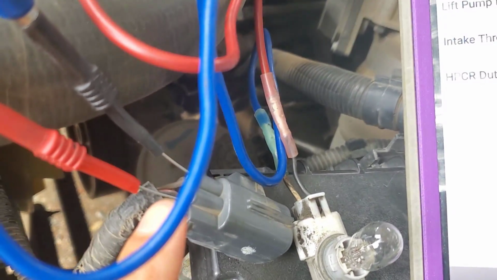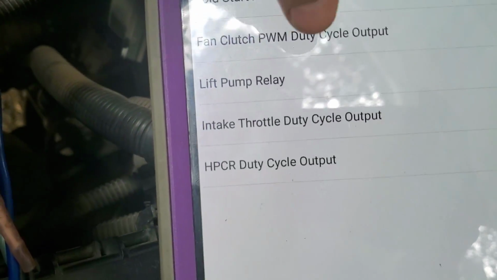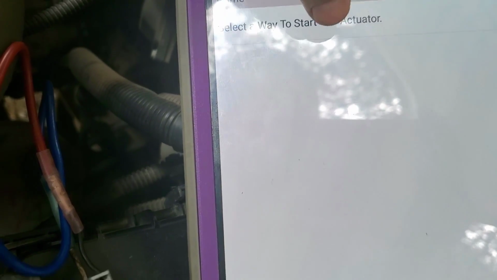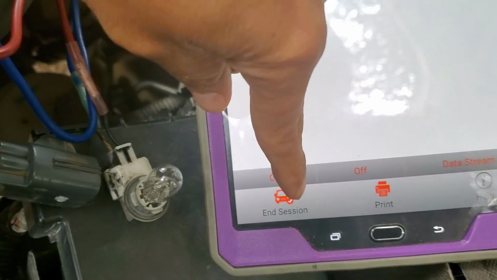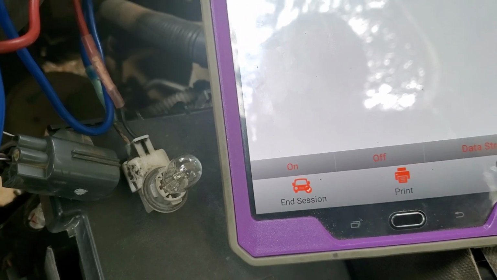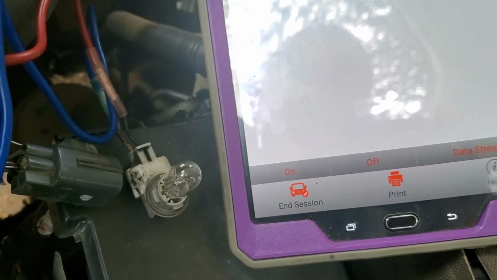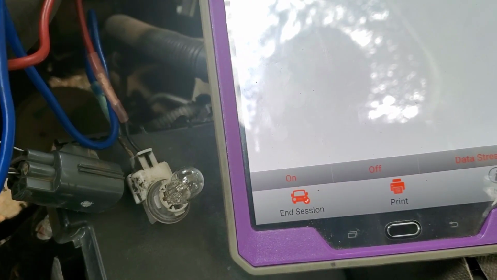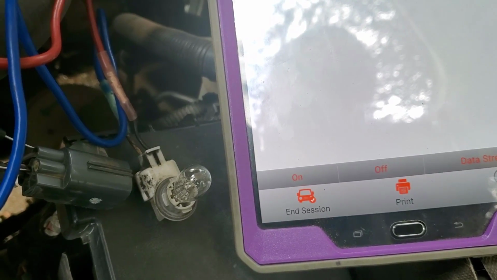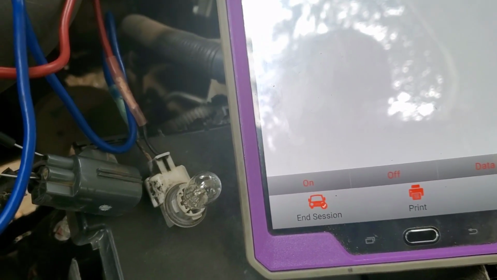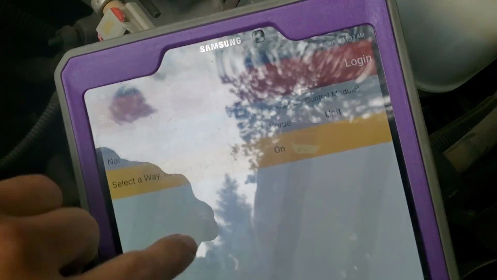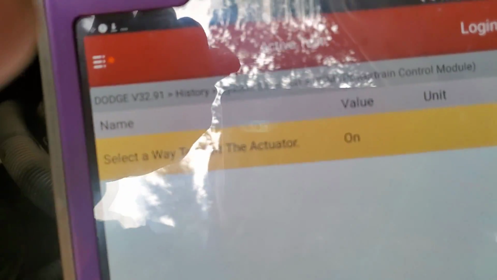Have the test light connected here, and we're gonna go to fan duty cycle. Select the weight on. Let's see. Okay, it's on. We got the activator on.